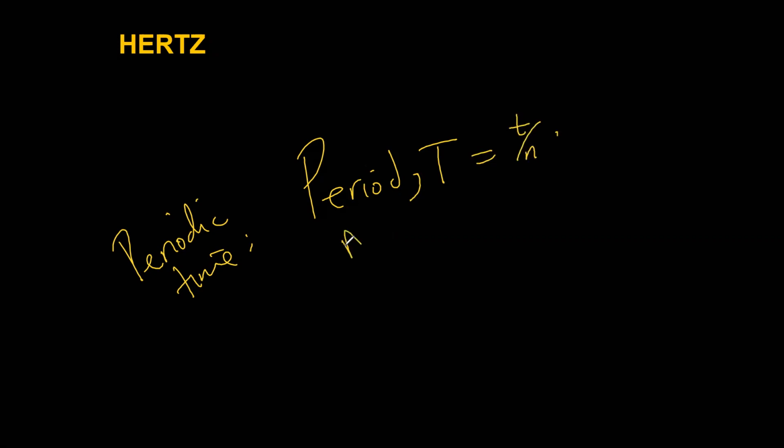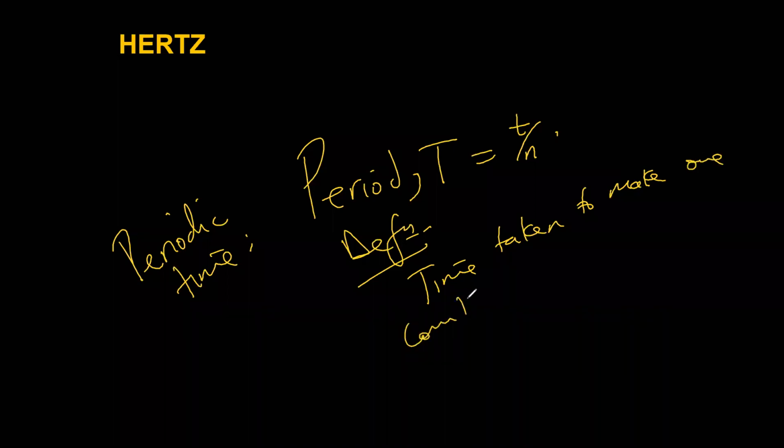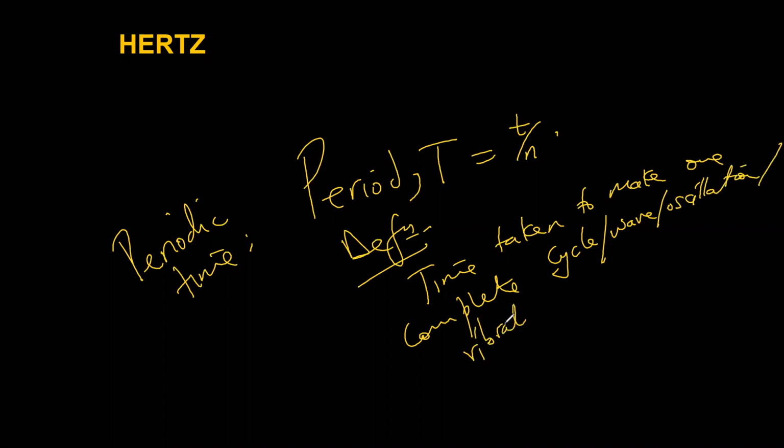In other words, we define period as the time taken to make one complete cycle or wave or oscillation or vibration. They all mean the same thing.